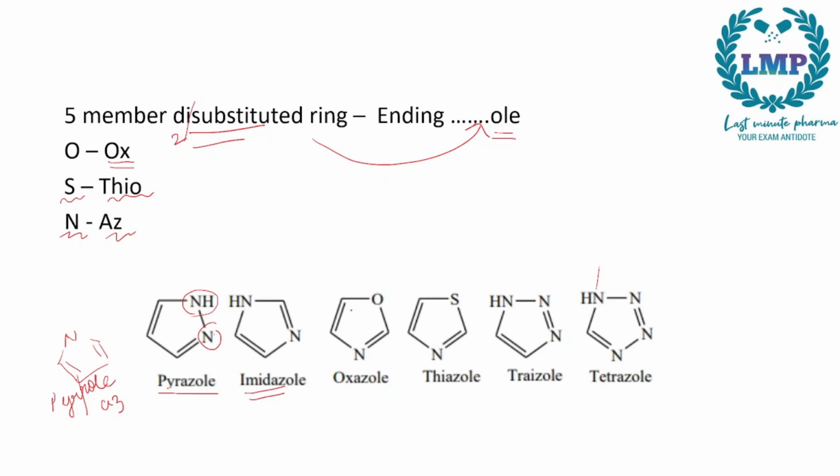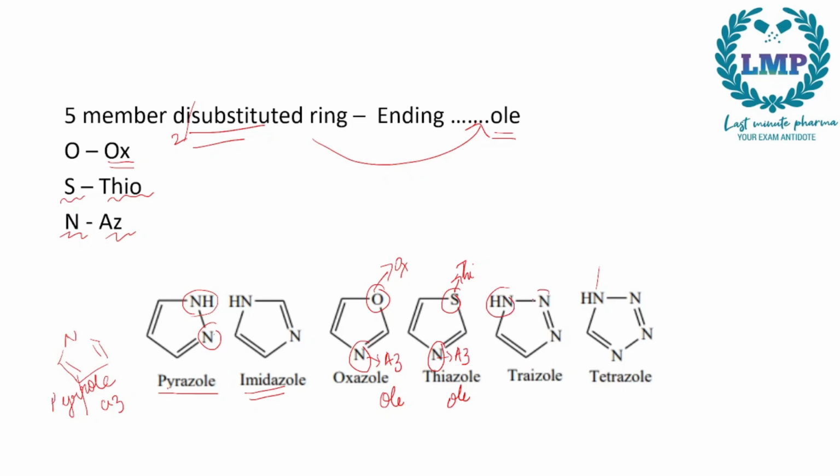If it's an oxygen and a nitrogen alternate to each other in a five-membered ring, oxygen is ox, nitrogen is aza, and ending ole, so oxazole. If it's a sulfur and a nitrogen attached alternatively in a five-membered ring with two double bonds, we will name it thiazole.